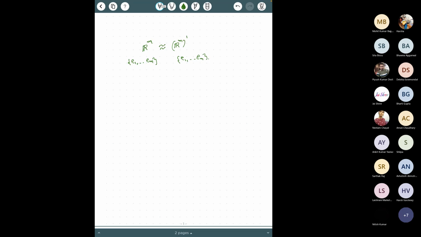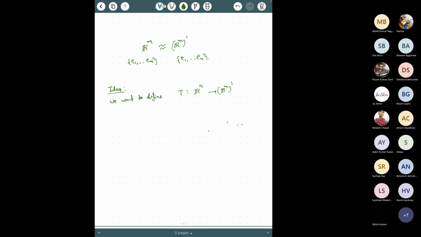Now, what I'm saying is that you can define an isomorphism from Rm to its dual space. So this is the idea, and then we will work on this idea. The idea is that we want to define an isomorphism, let's say T, from Rm to Rm dash, its dual.